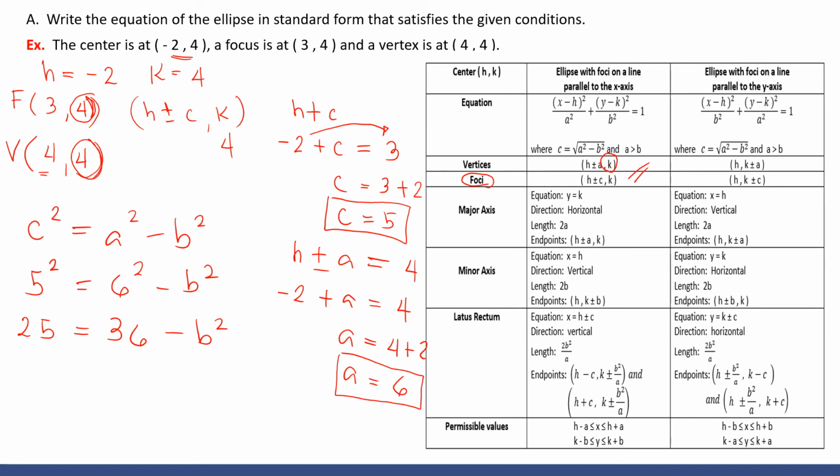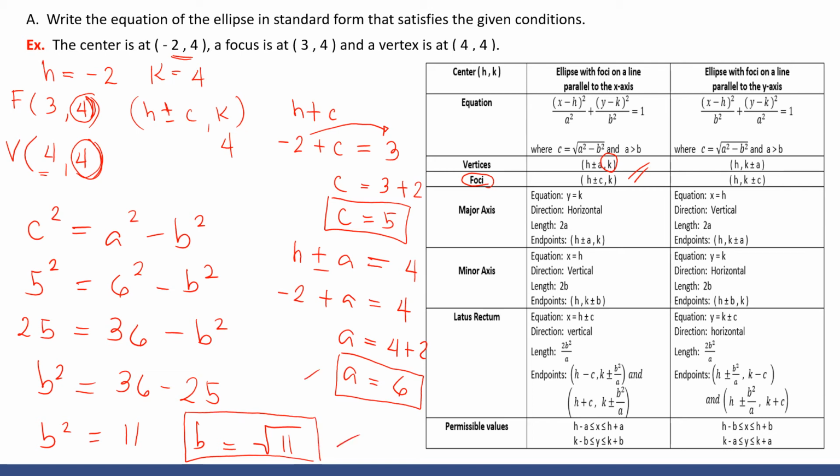Transpose negative B squared dito sa kabilang side to get 36 minus 25. So what is 36 minus 25? Obviously, it is 11. And since meron na tayo nito, lumalabas na ang B therefore is simply square root of 11. Okay? So meron na tayong B, meron na tayong A, C, then the H and the K.